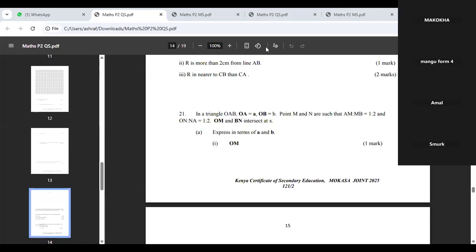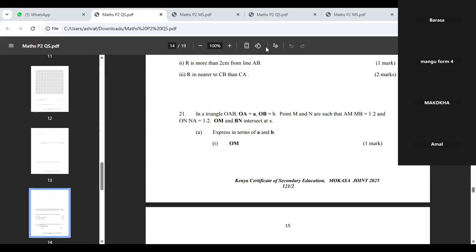Let me work it out. ON to NA is 1 to 2. So you want to find OM. If you want to find OM, we are going from OA to AM.